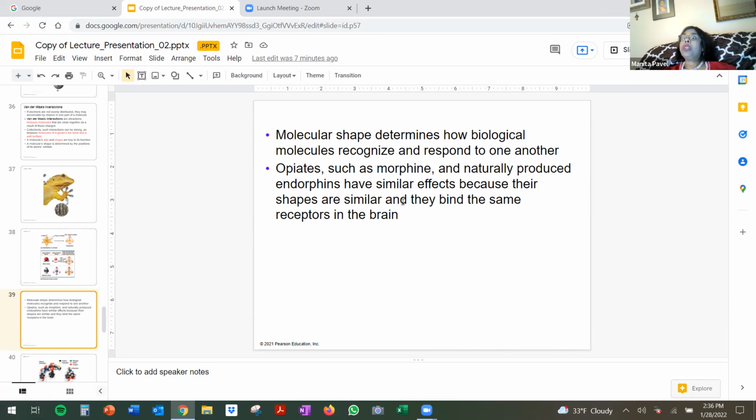We're all familiar with the drug morphine, and naturally produced endorphins in the body, which have very similar effects. Why? Because their shapes seem to be very similar. And when the shape is similar, we know that the function should be similar. So these molecules are going to bind to the same receptors in the brain.